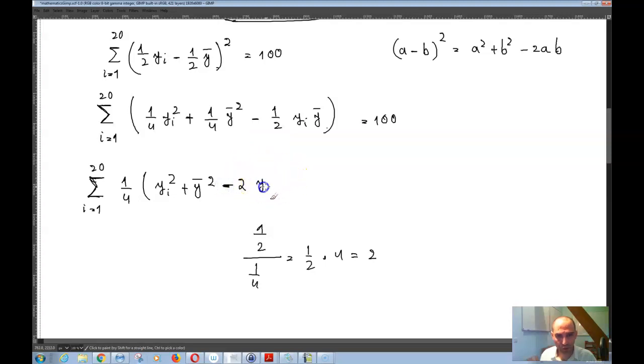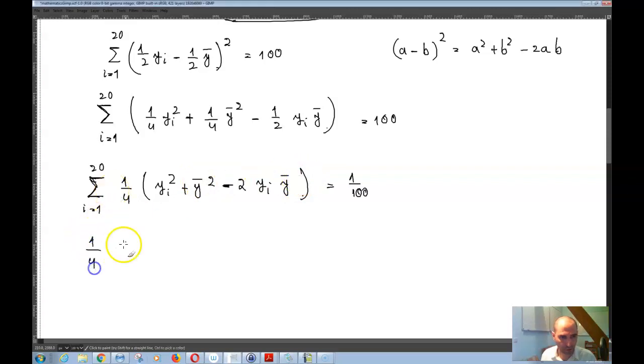So 2 times y of i y bar is equal to 100. And of course you can write this as y of i minus y bar whole squared.